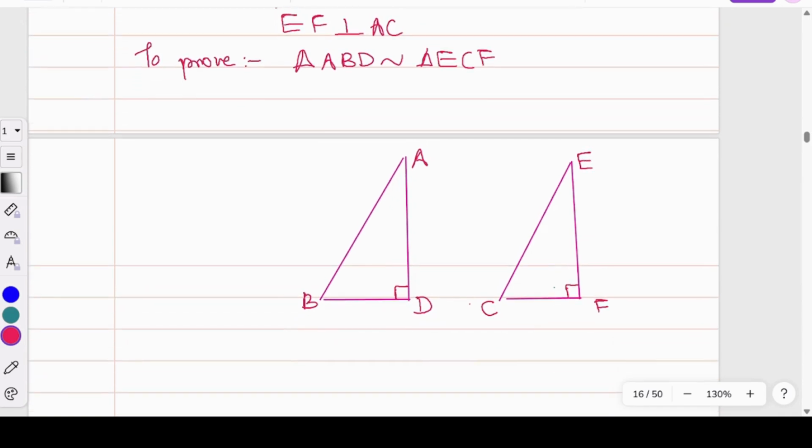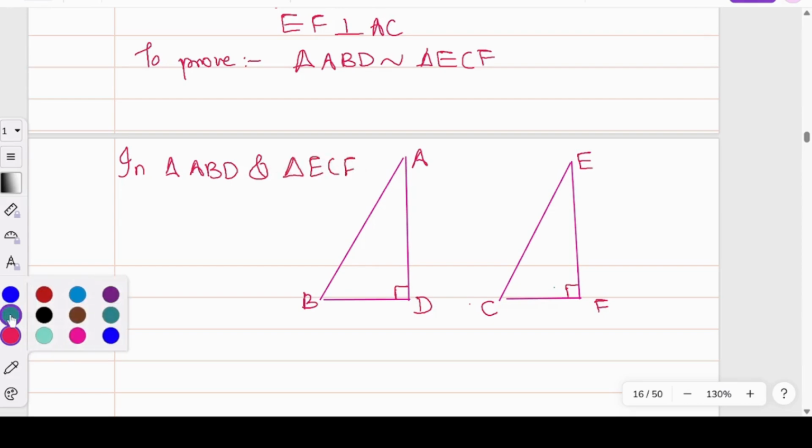Now, what all things we have to prove these two triangles are similar. So for that one, in triangle ABD and triangle ECF, what all things I can write here? We have already written angle B equal to angle C, since it is an isosceles triangle. Therefore, I can write here, angle B equal to angle C, right? Why? Angles of an isosceles triangle.